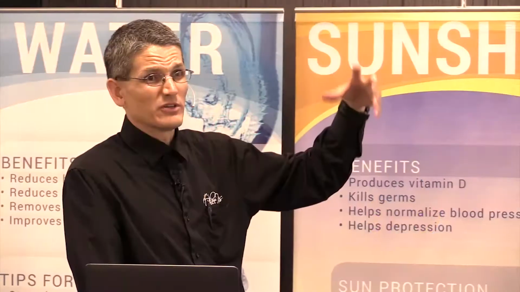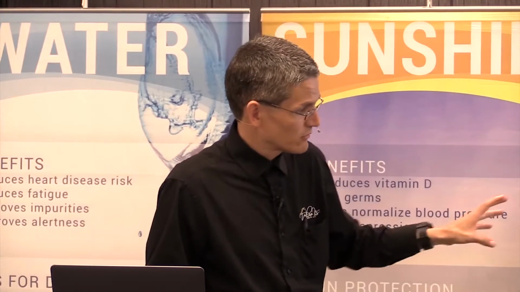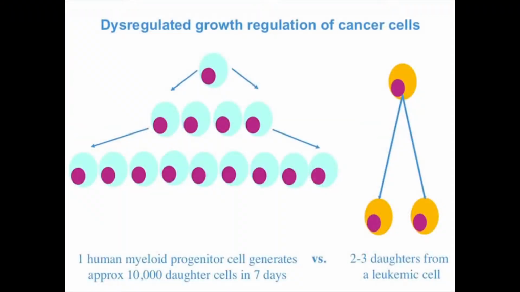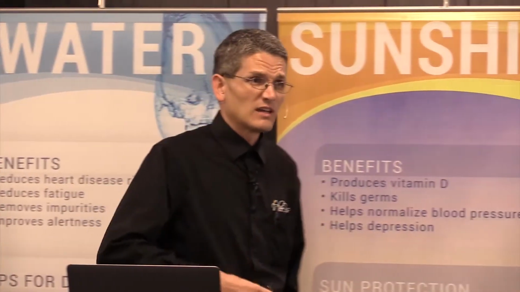So that's like a stem cell in the cells that produce blood cells. One of those stem cells can make approximately 10,000 daughter cells in a week. That's how fast normal cells, in these lines, can divide and reproduce themselves.